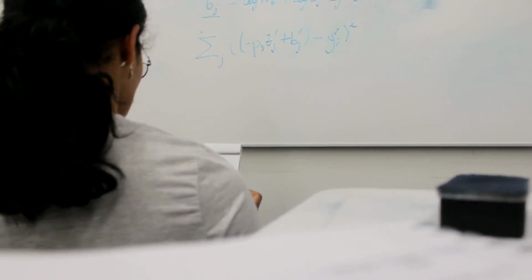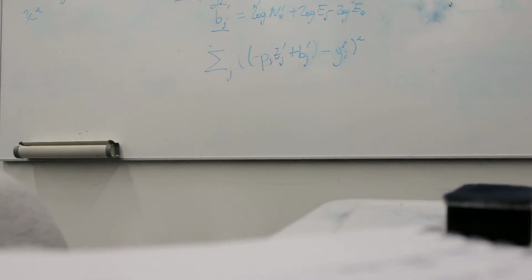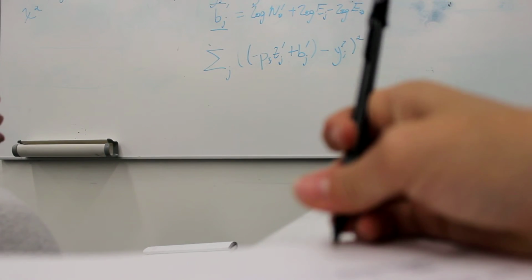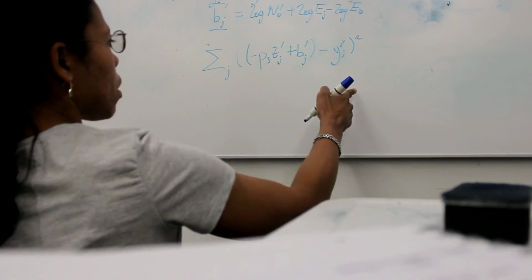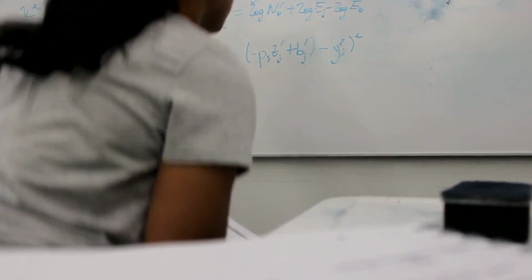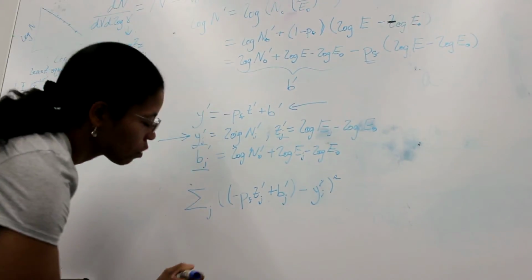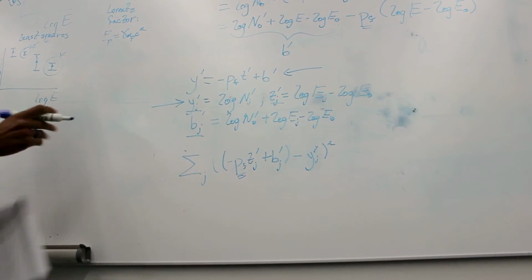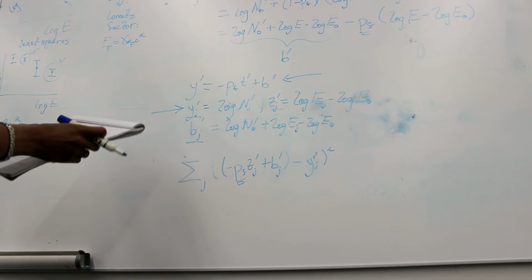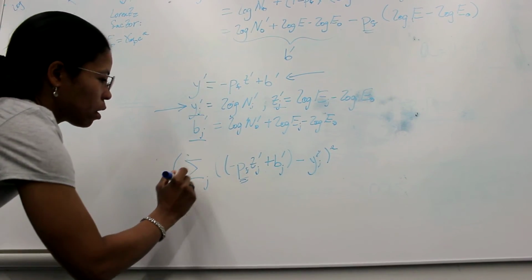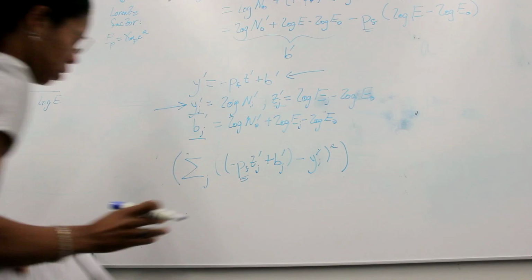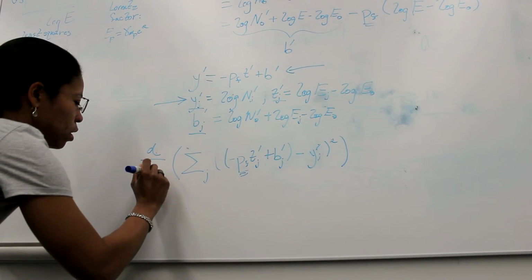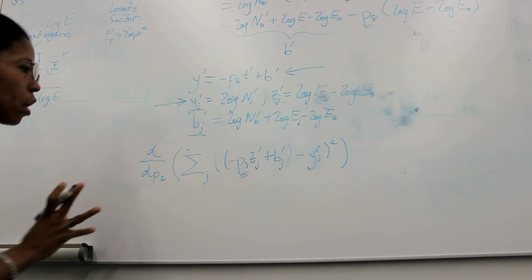So we want to find the least squares. To do that, we want to minimize this, which means we take the derivative. The thing we're fitting for is this pf, so we take the derivative with respect to pf, and I'll put this in parentheses and write d by d pf.